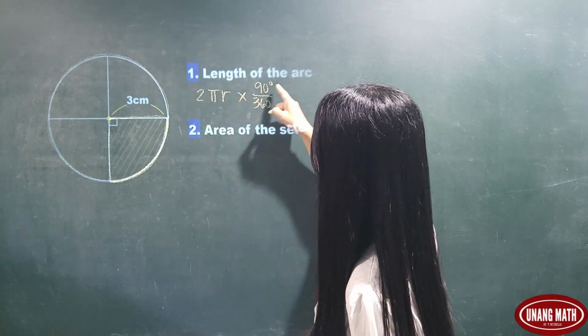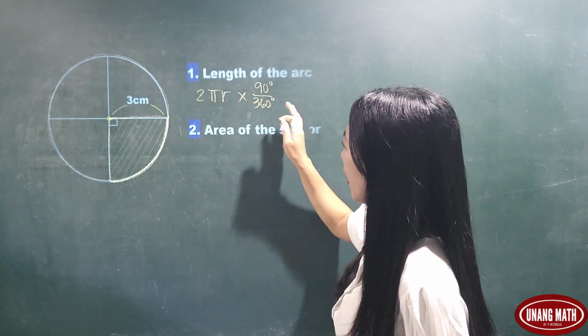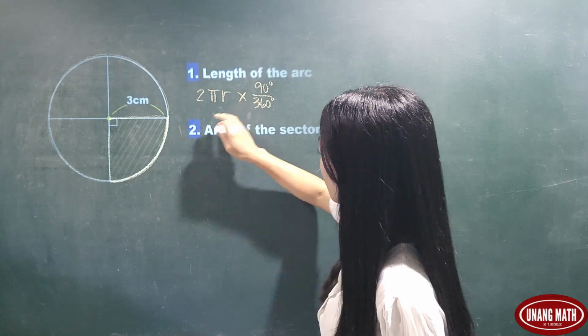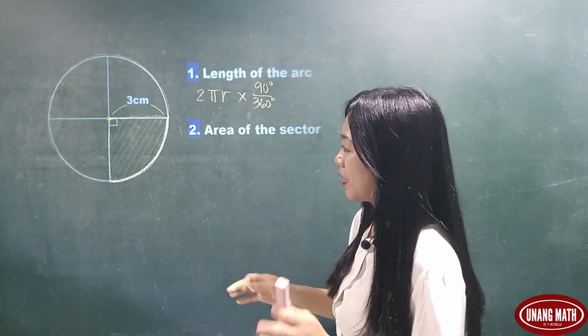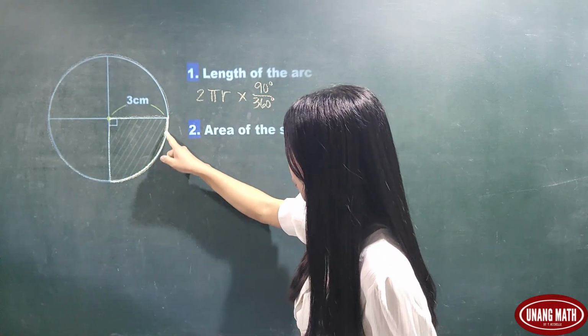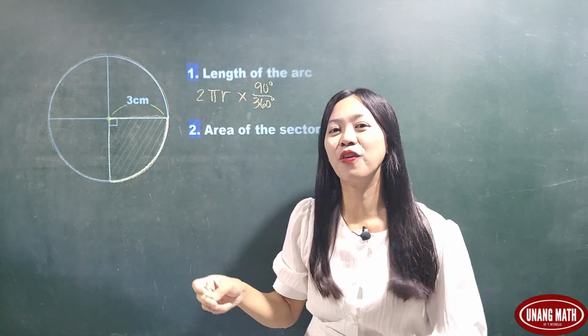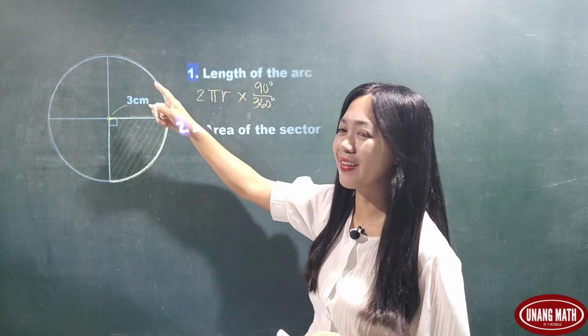So 90 degrees over 360 degrees. Why do we need to multiply the ratio of the central angle to the whole? Take note, the central angle is directly proportional to the length of the arc. So we have to multiply the ratio of the central angle to the whole.